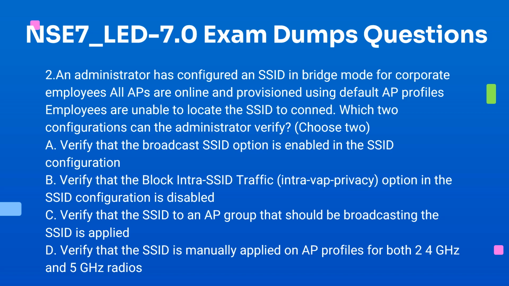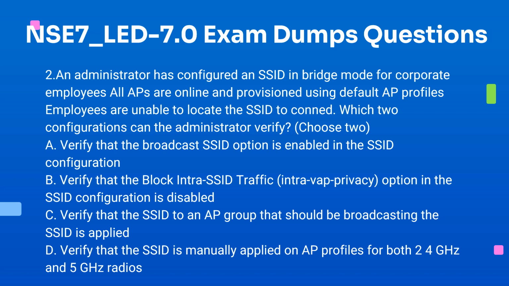2. An administrator has configured an SSID in bridge mode for corporate employees. All APs are online and provisioned using default AP profiles. Employees are unable to locate the SSID to connect. Which two configurations can the administrator verify? Choose 2. A. Verify that the broadcast SSID option is enabled in the SSID configuration.